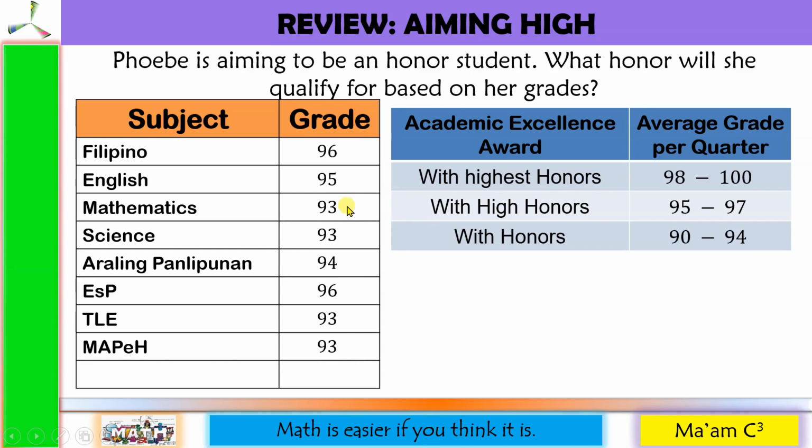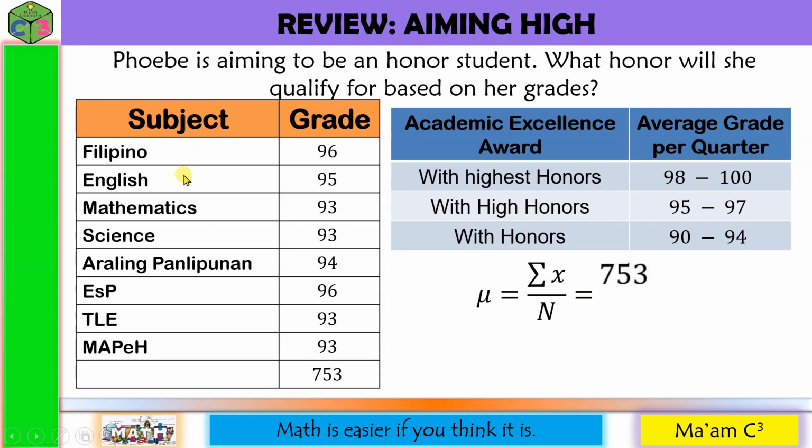96 plus 95 plus 93 plus 93 plus 94 plus 96 plus 93 plus 93. And this is equal to 753. We consider all the subjects of Phoebe and its corresponding grade, so we're talking about the population. So our formula would be mu is equal to summation of x all over capital N. Summation of x is the sum of her grades, and that is equal to 753, while N is the total number of observations.